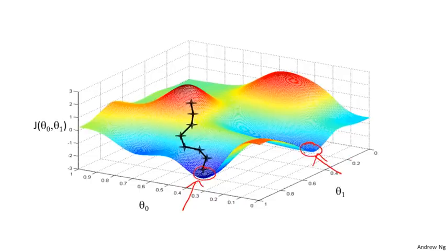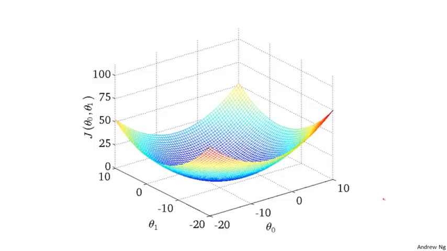But it turns out that the cost function for linear regression is always going to be a bowl-shaped function like this. The technical term for this is a convex function. I'm not going to give the formal definition of a convex function, C-O-N-V-E-X, but informally, a convex function means a bowl-shaped function.